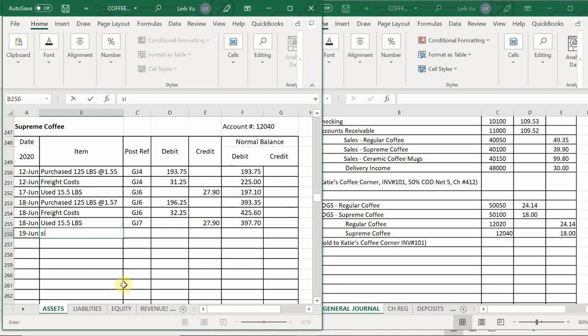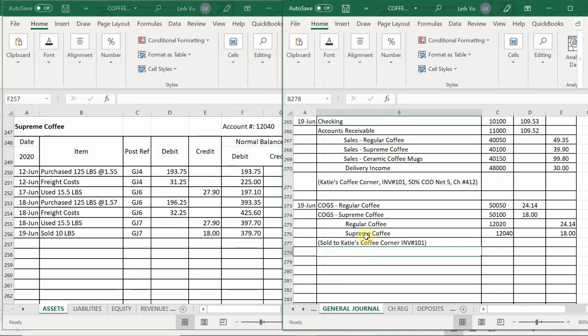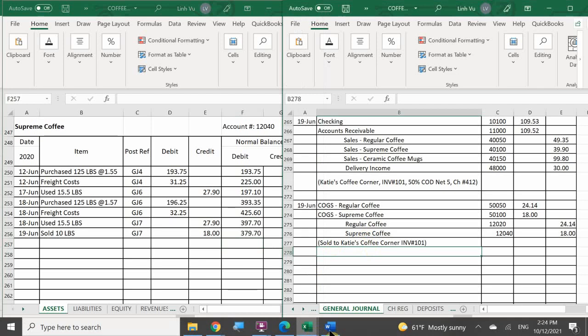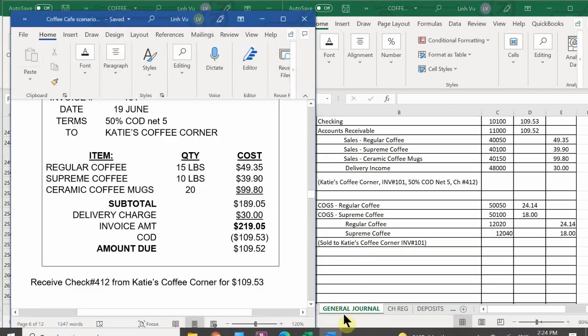We sold 10 pounds for 18. 379.7, which matches our inventory worksheet. Good. All right, and now we are finally done with that transaction.